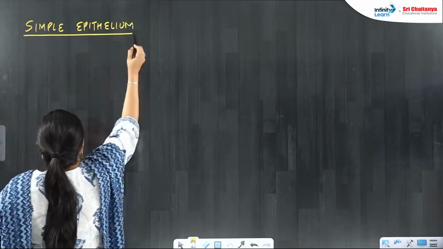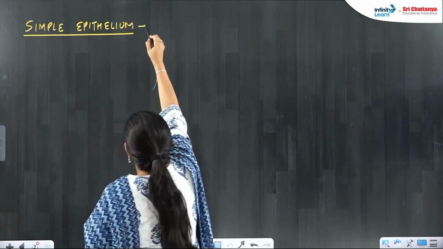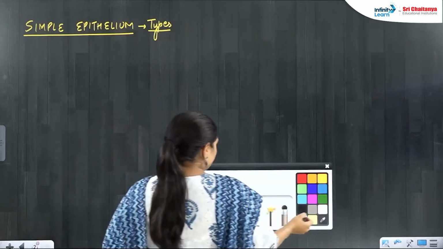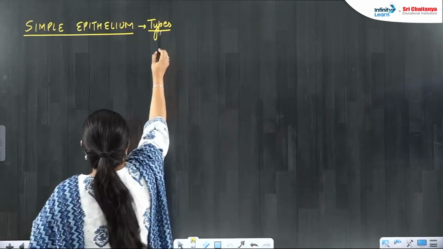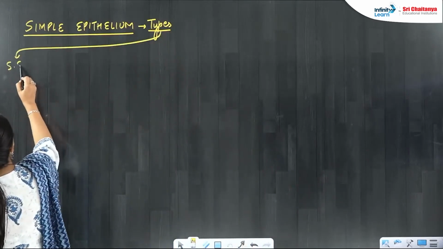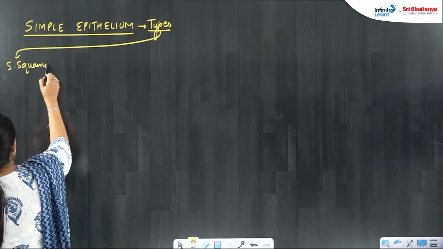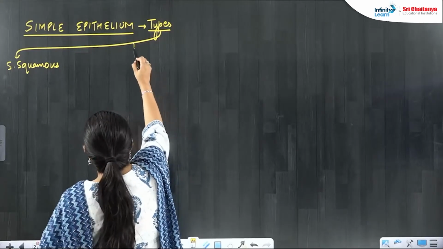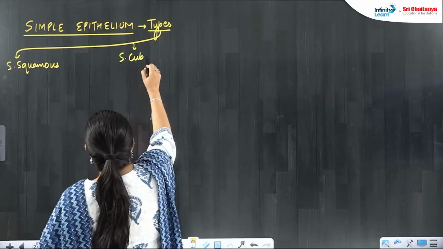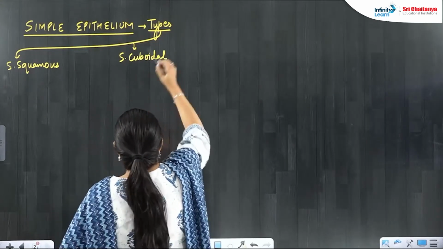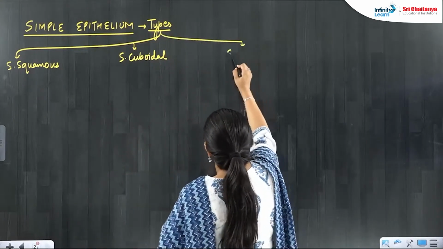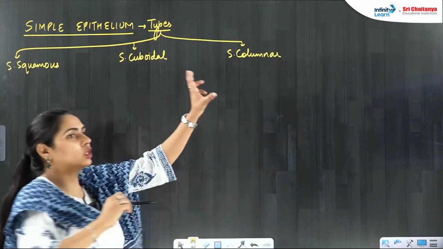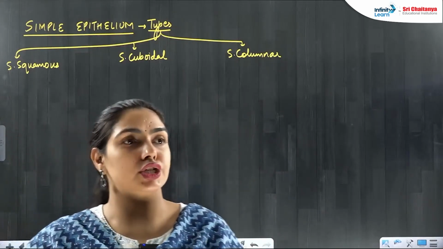The very first type is simple squamous epithelium. The next type is simple cuboidal epithelium. Then there is simple columnar epithelium. First of all, I will talk about these three and their locations.